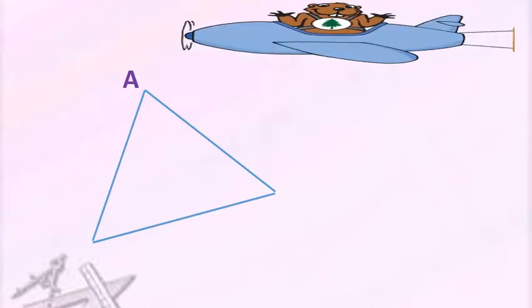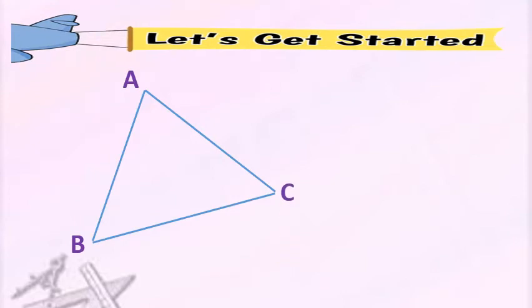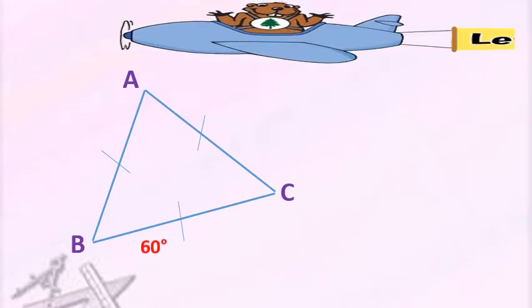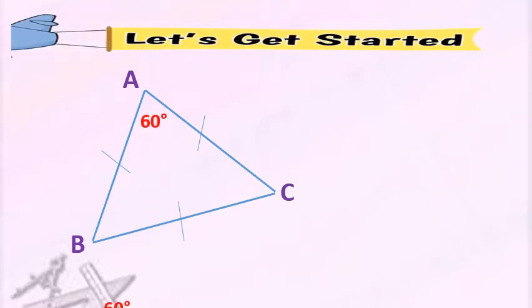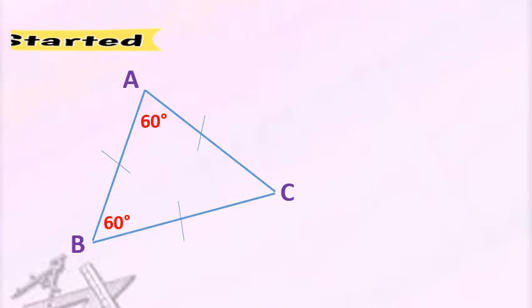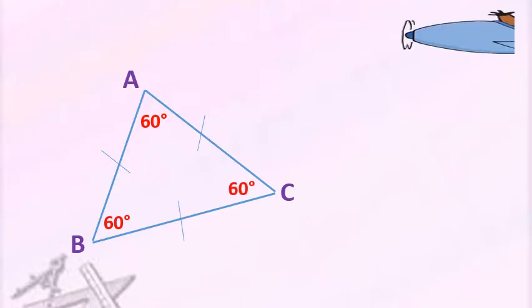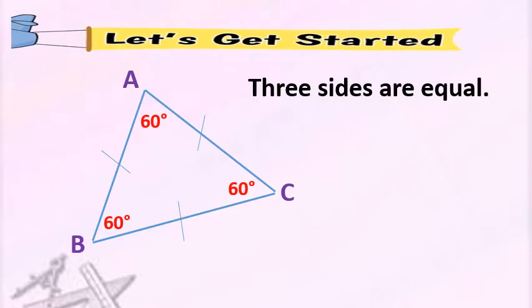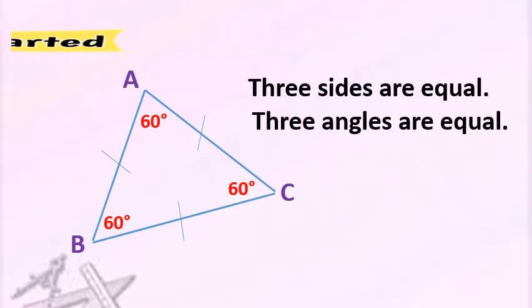Now let's start. If we have this triangle named ABC with this side equal to this side equal to this side, and this angle 60 degrees, this angle 60 degrees, and this angle 60 degrees, then the three sides are equal and the three angles are equal.